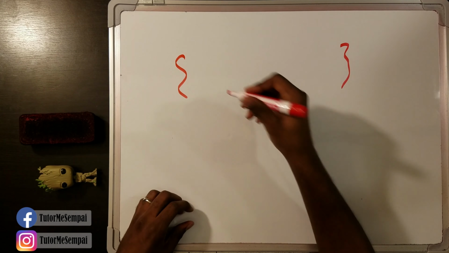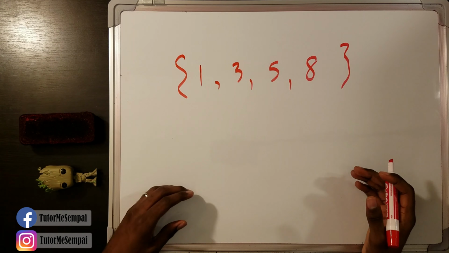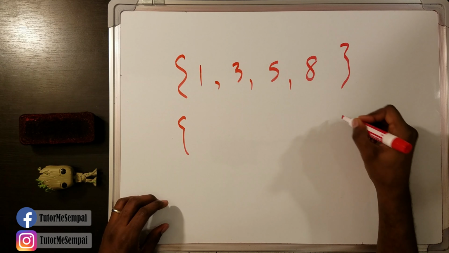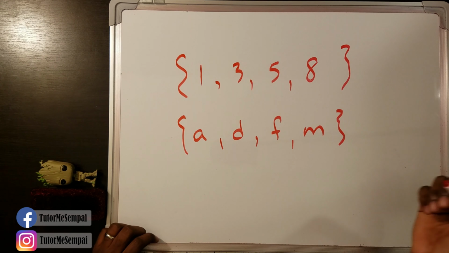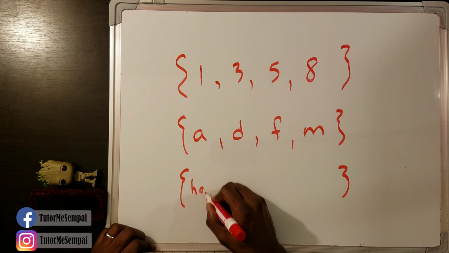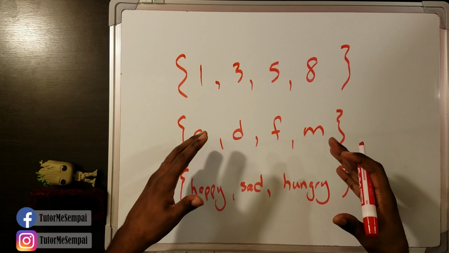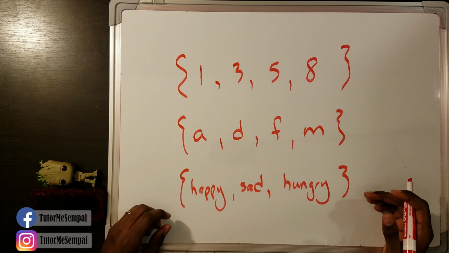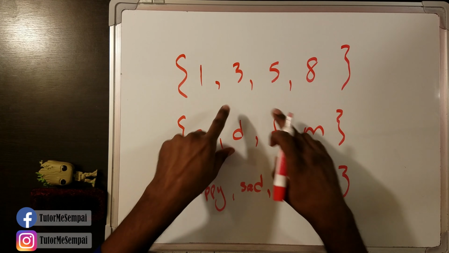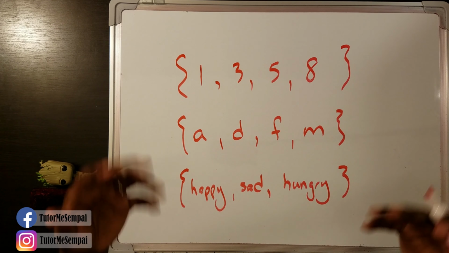It could be numbers, or letters, or words. It doesn't really matter what's in the set as long as it's a group of those items. A set is just a collection of those items.